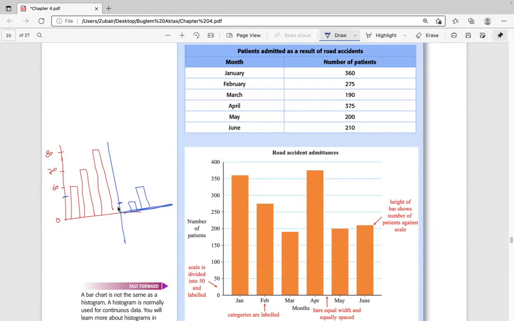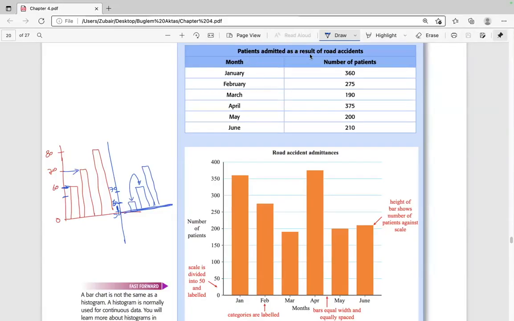This is 70. I'm making this a distance of 10. So 60, 50, another distance of 10 is 70. Now, just by looking at these two bars, one would think the second bar is actually double of the first. But in reality, it was not. For example, first student got 60 marks, second student got 70 marks. But the second graph is giving an impression that these are double of the first one. So they should always start from 0.